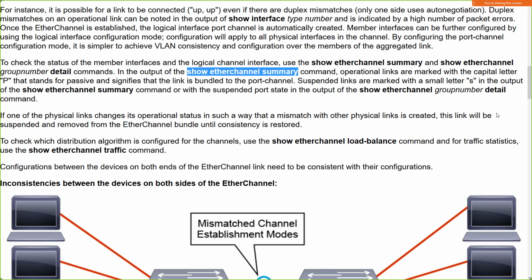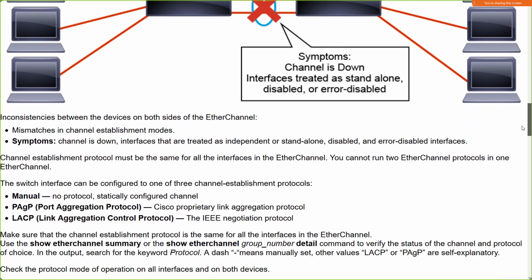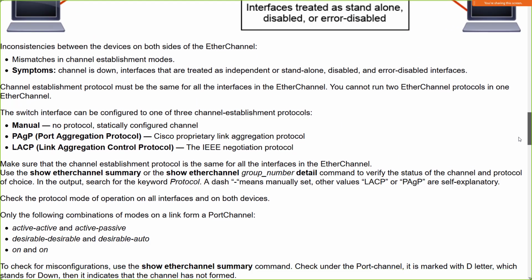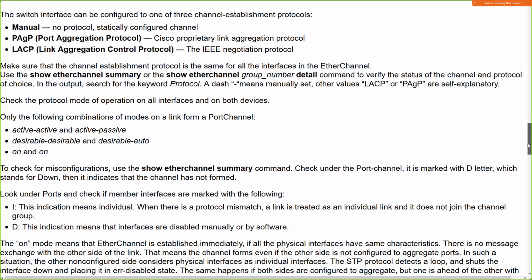So it's not a whole lot you can do for troubleshooting. It's a pretty straightforward thing to troubleshoot the EtherChannel. Make sure that you're running the right mode, make sure there aren't any inconsistencies with the configuration, and again, we see show etherchannel summary or show etherchannel group detail. Those are pretty much the two commands that we use to verify our EtherChannel.